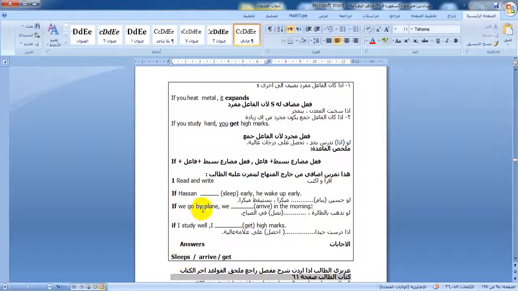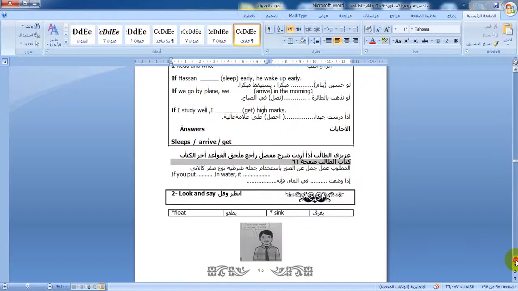If we go by plane, we arrive in the morning. We فاعل جمع فarrive جاءت مجردة من أي زيادة. If I study well, I get high marks. أيضا get جاءت مجردة من أي زيادة وذلك لأن I يعتبر فاعل جمع.